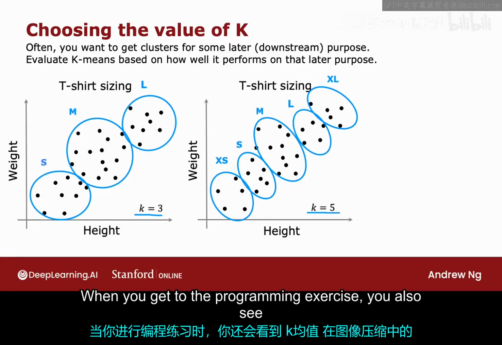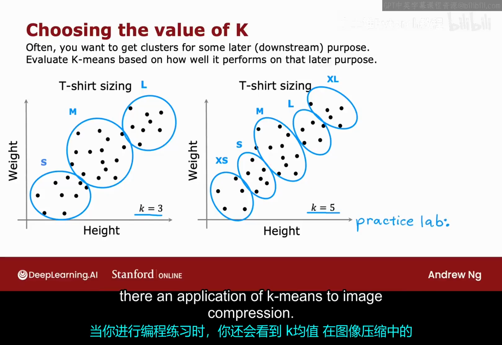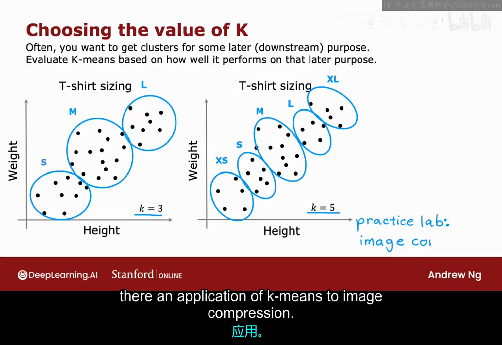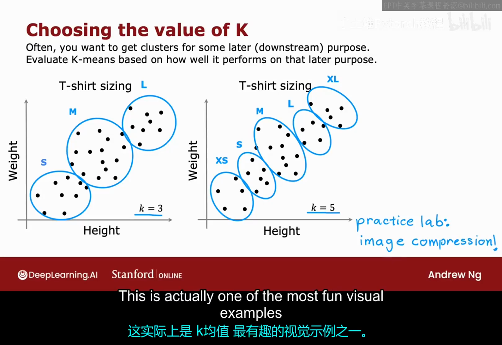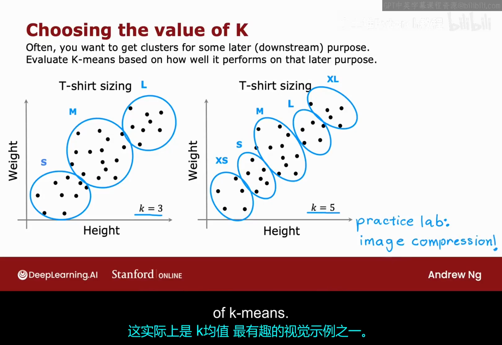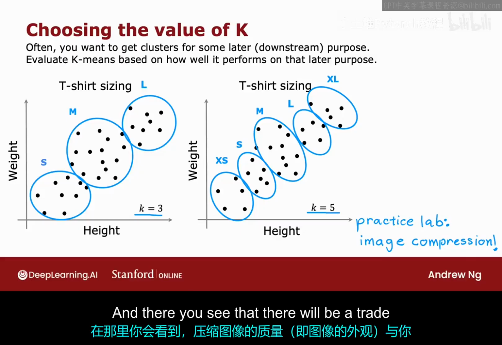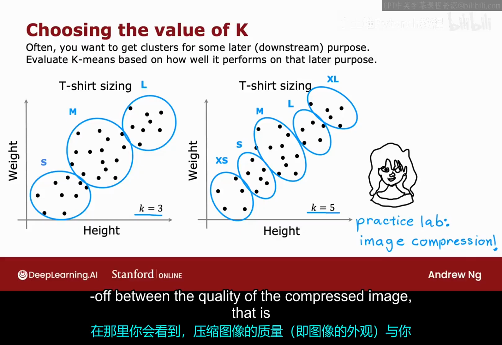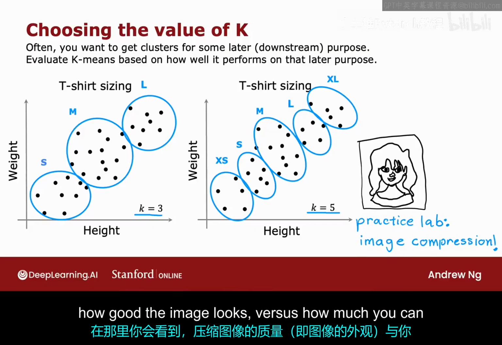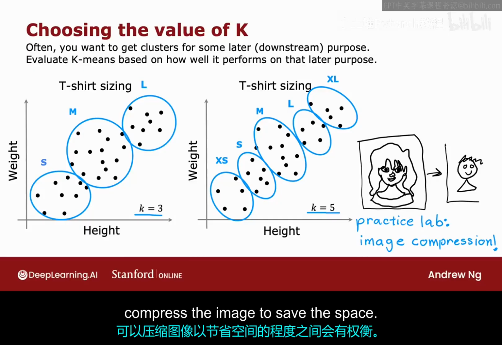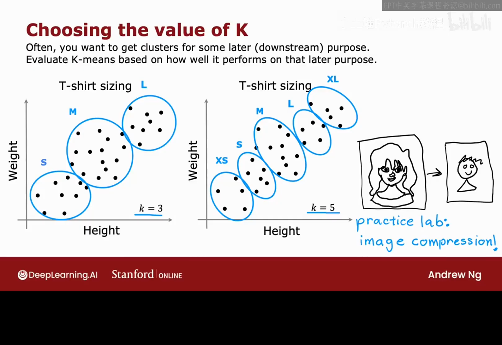When you get to the programming exercise, you also see there an application of k-means to image compression. This is actually one of the most fun visual examples of k-means. And there you see that there will be a trade-off between the quality of the compressed image, that is how good the image looks, versus how much you can compress the image to save the space.